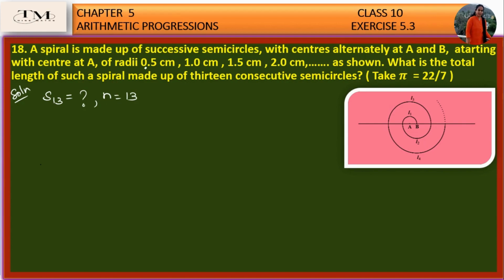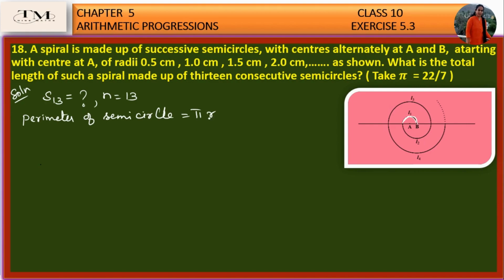So what are the other things given? The radius of the first semicircle, this is the first semicircle, is 0.5. So what is the perimeter of a semicircle? Perimeter of semicircle is equal to pi r.